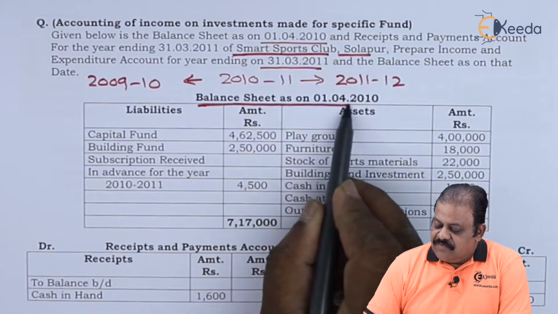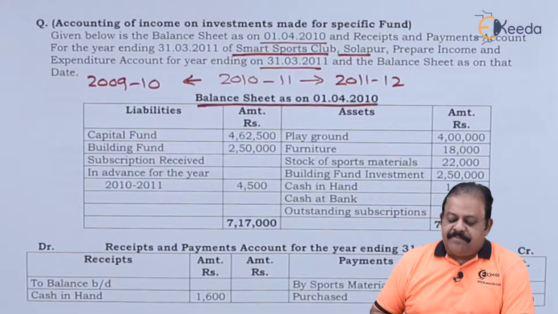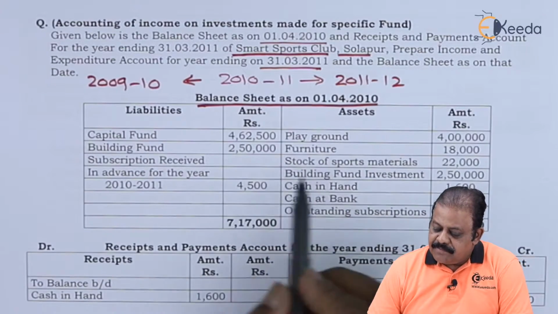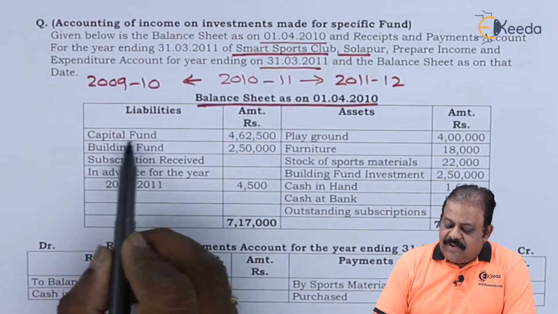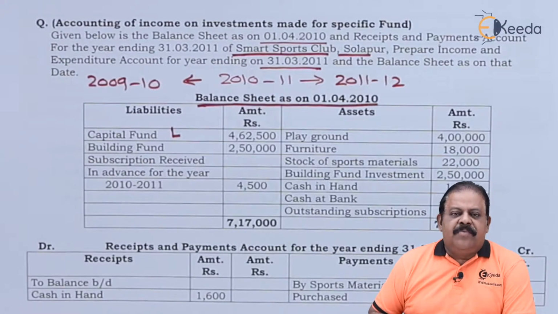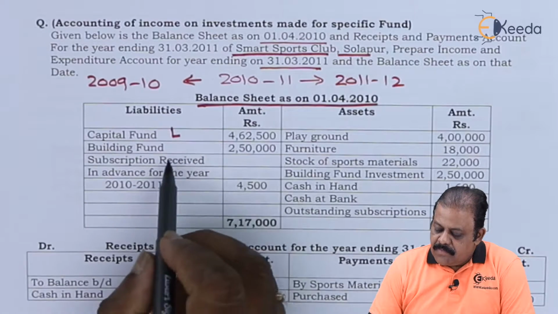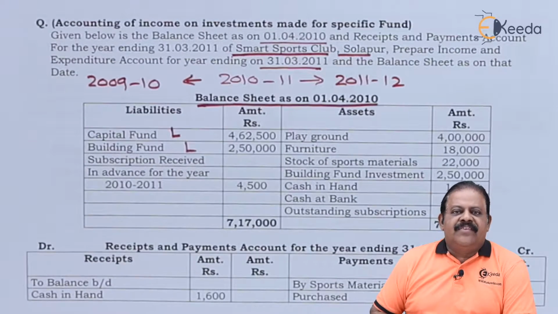Balance sheet as on 1st April 2010. This is the opening balance sheet. On the liability side we have capital fund. This will be transferred to the new balance sheet on the liability side. Building fund, new balance sheet liabilities.